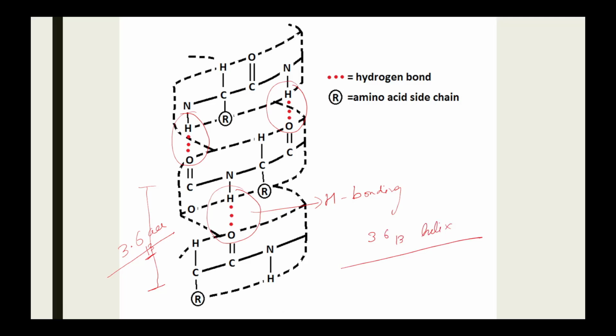The most important point to note is that in the alpha helix, the distance between two adjacent amino acids is 1.5 angstrom. So this is the basics of the alpha helix.